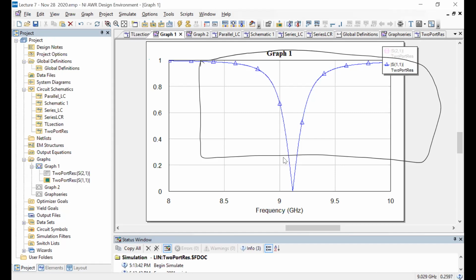The first observation is that there is a dip, which means if you only knew that this is a single port resonator, there is some loss in the system. And the second observation is that this value is going all the way to 0, which means that on resonance, whatever the effective loss is, it is perfectly matched to 50 ohms. Because only then will you have a reflection coefficient of 0.